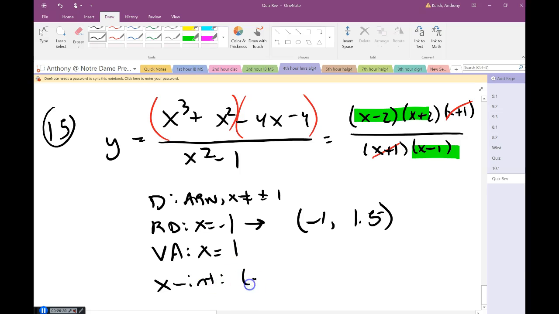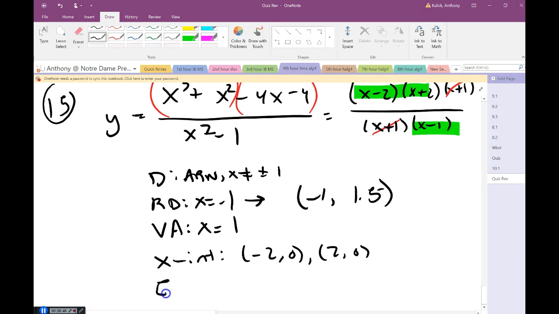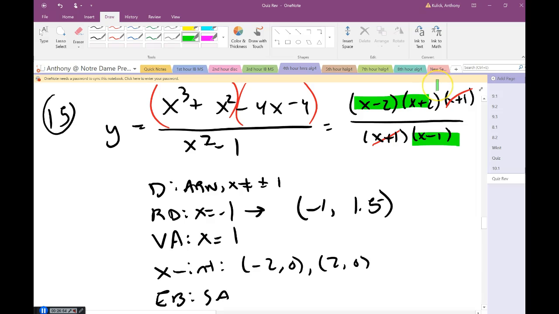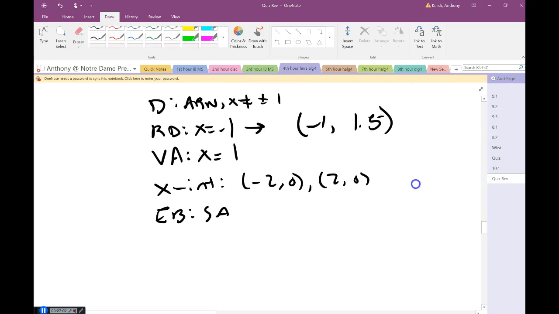I have x-intercepts at negative 2, 0 and positive 2, 0. And my end behavior is going to be a slant asymptote. So the part that I'm going to use to find the slant asymptote is going to be this part. But to do that, I'm going to have to FOIL that numerator back out.